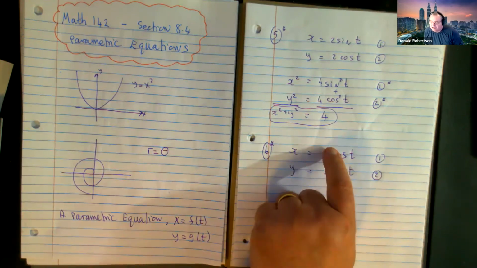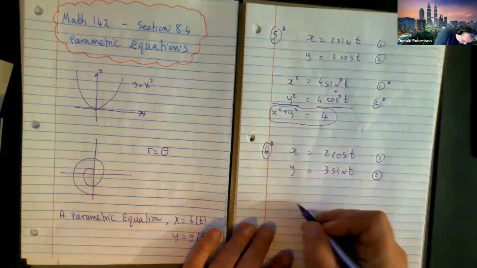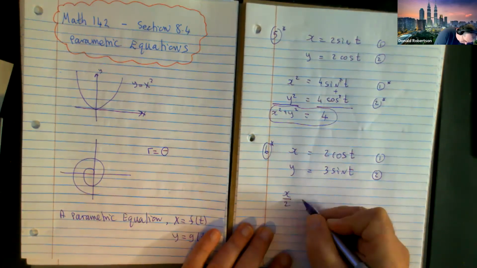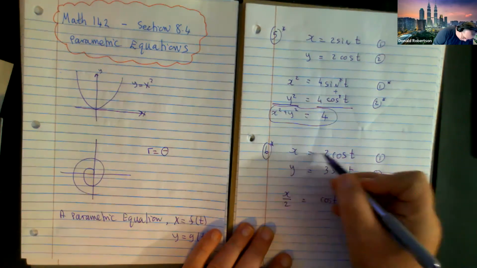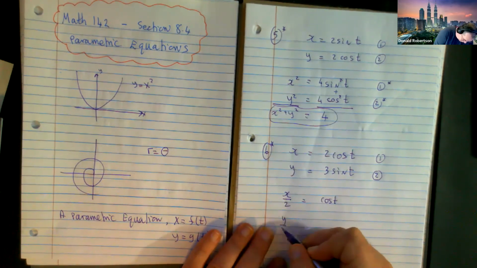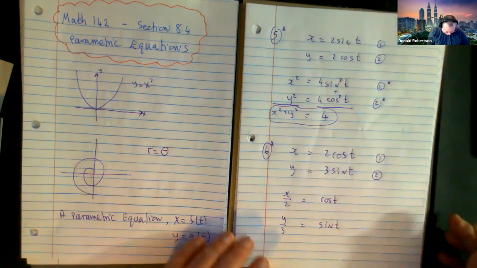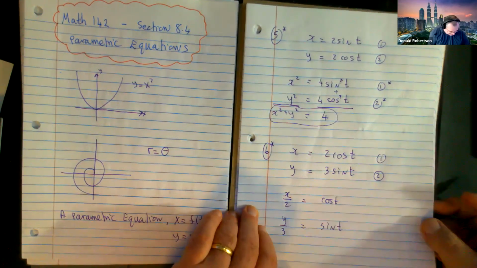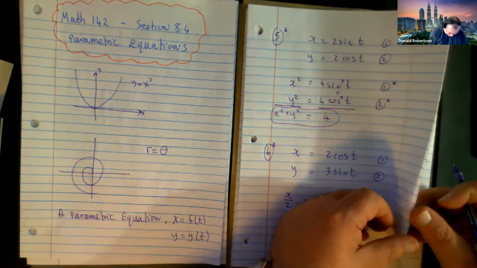And don't you need the same number of sine squareds and cosine squareds? So I'm going to do this first. I'm going to divide this side by 2, and I'm going to divide both sides here by 3. Essentially I'm making sure I've got a sine and a cosine.